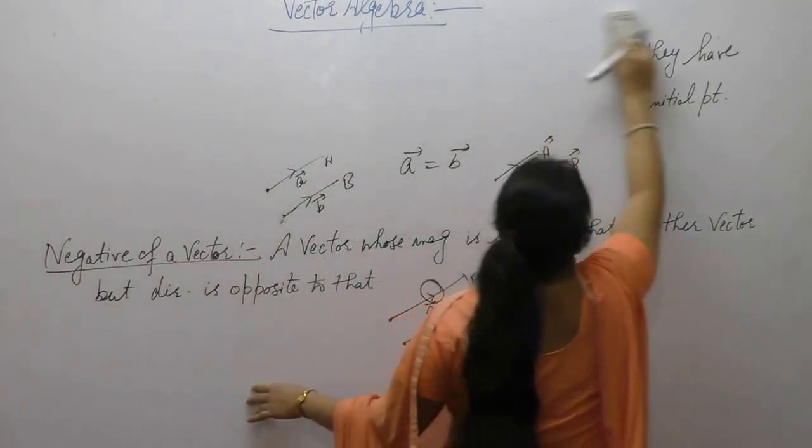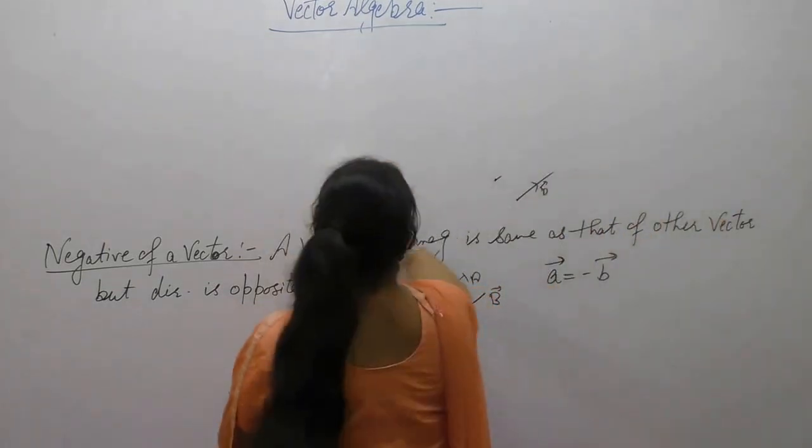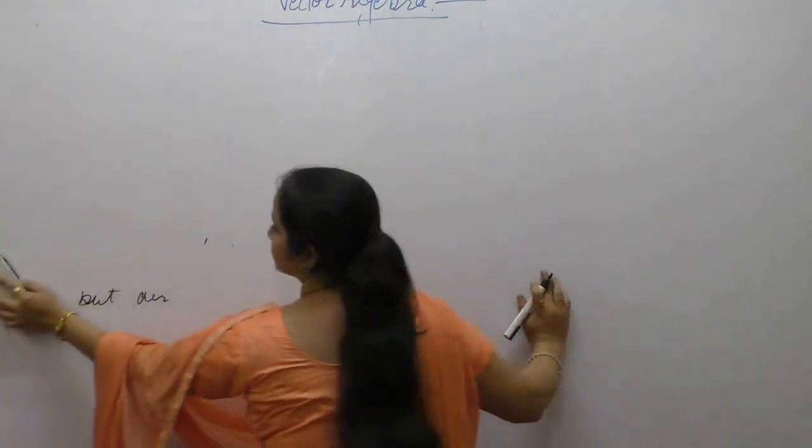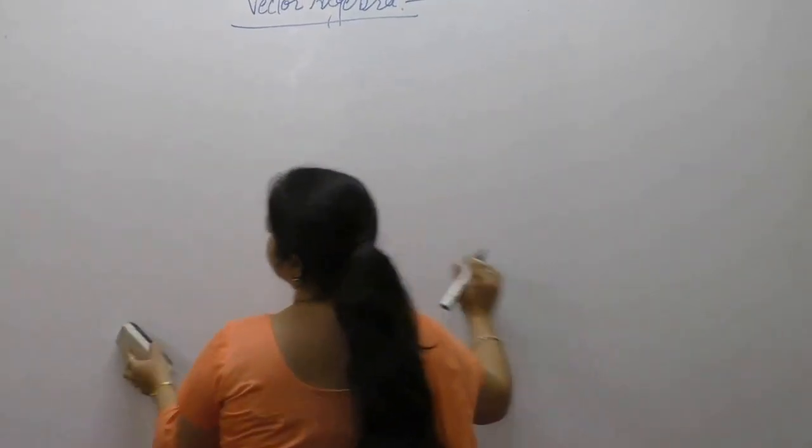After types, next topic is addition of vectors. We can add vectors or we can subtract that.